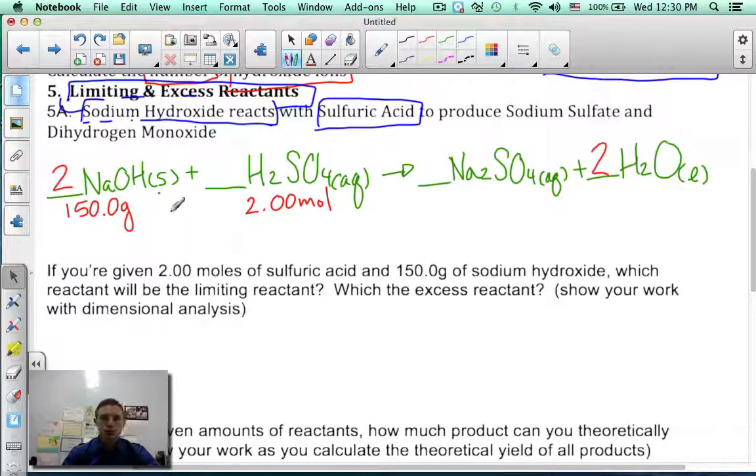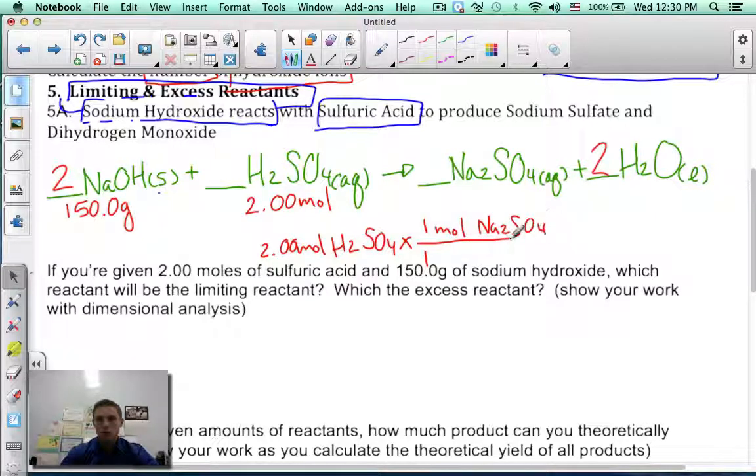So I can convert these moles of sulfuric acid into salt. Let's do that. So if I have 2 moles of sulfuric acid, I can convert this very easily into moles of sodium sulfate.